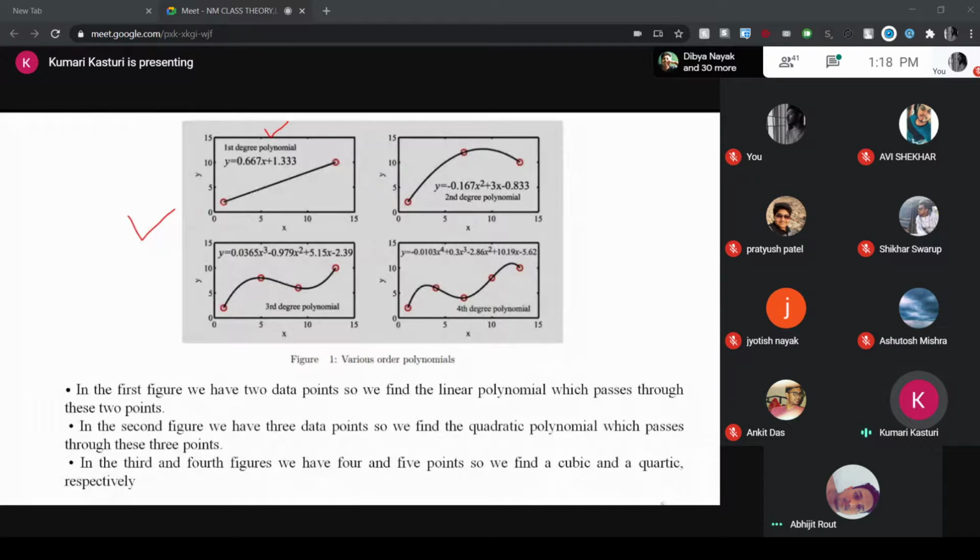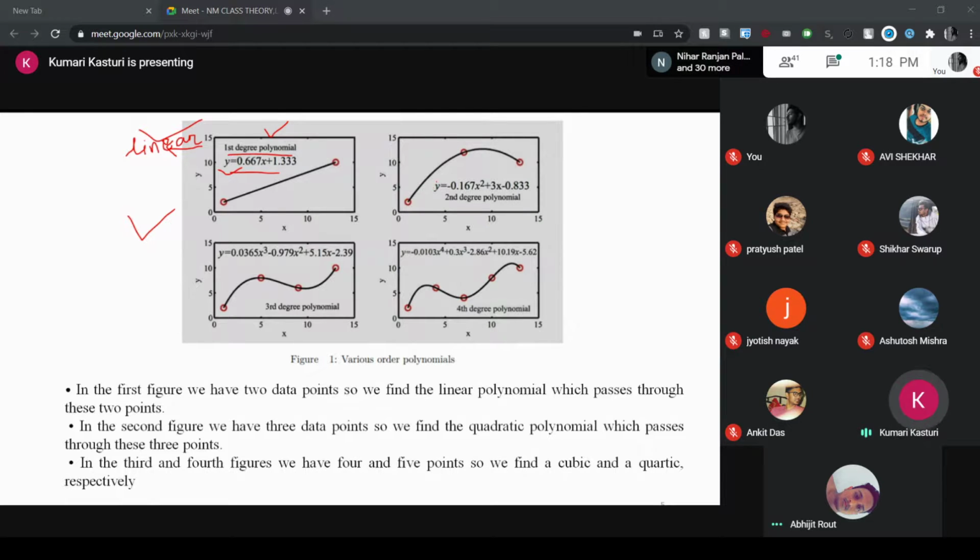Whenever you connect 2 points, that is a straight line, so this is called a first degree polynomial, also called a linear polynomial. Whenever you have only two data points, the polynomial you extract from them is a first degree or linear polynomial.